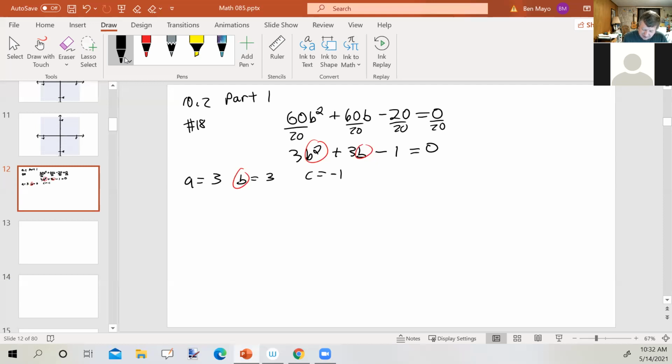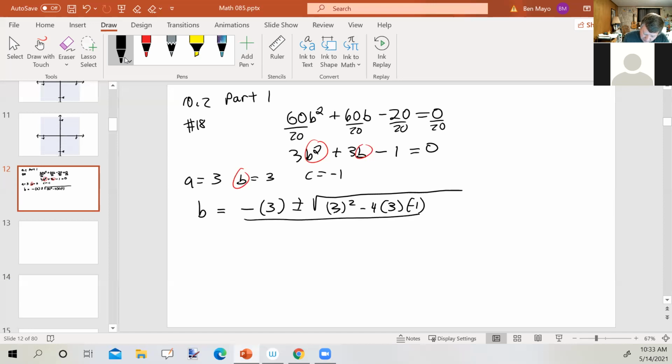Again, this is going to be confusing because we've got b in both places. So b equals -3 plus or minus the square root of 3 squared minus 4 times 3 times -1 all over 2 times 3. Okay, any questions on that?